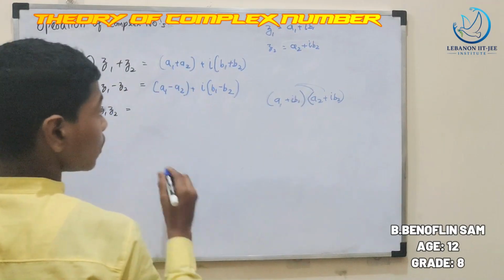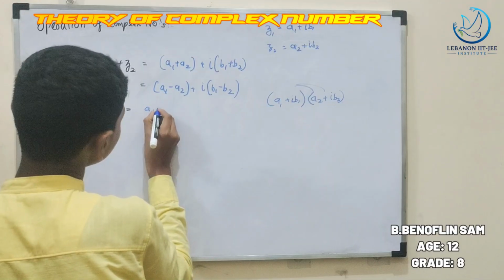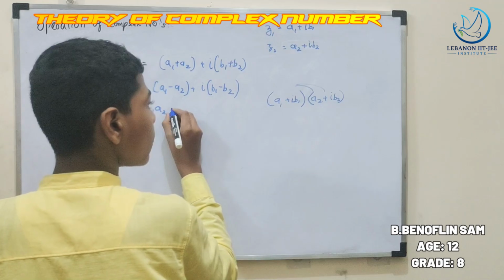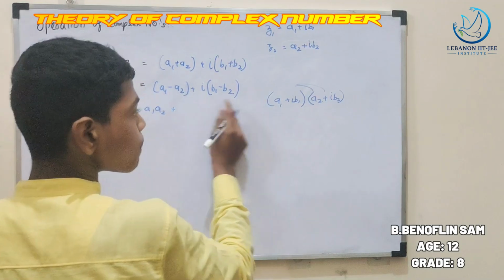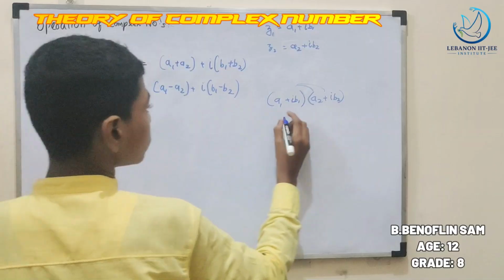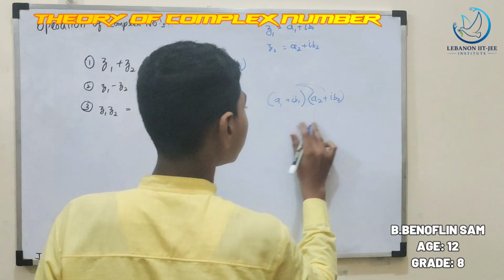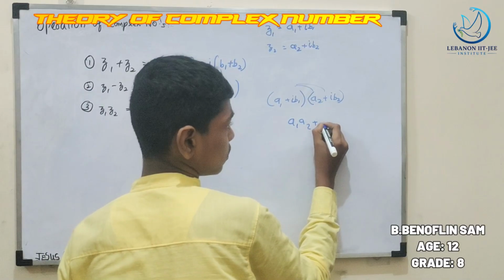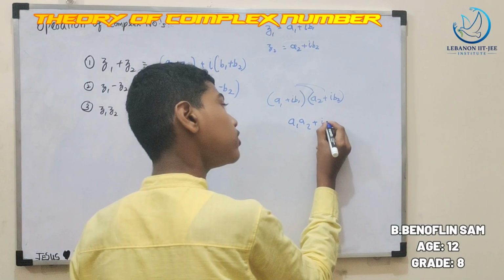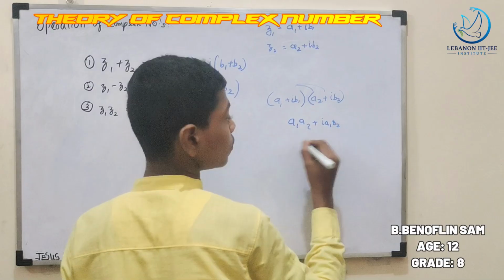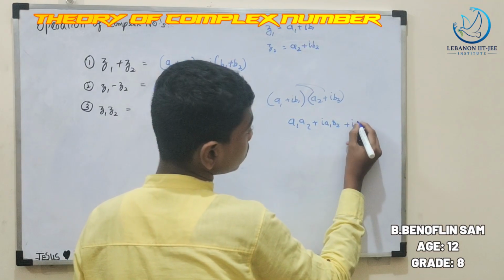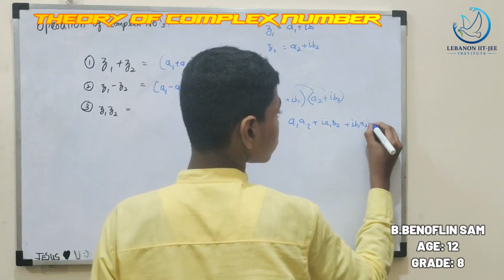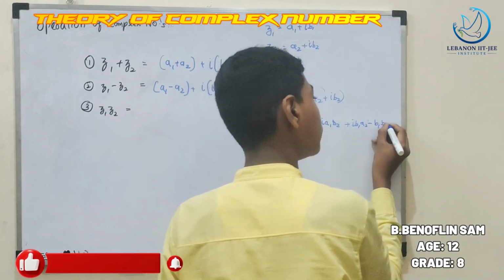This gives a1 a2, plus iota a1 b2, plus iota b1 a2, and minus b1 b2.